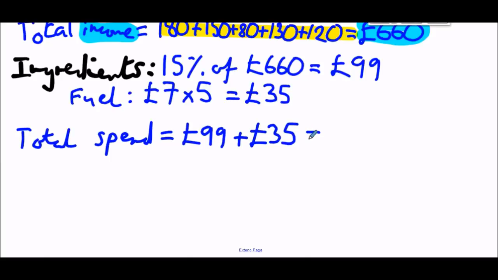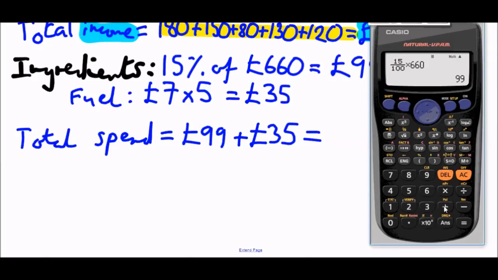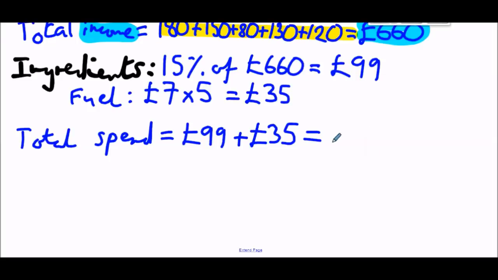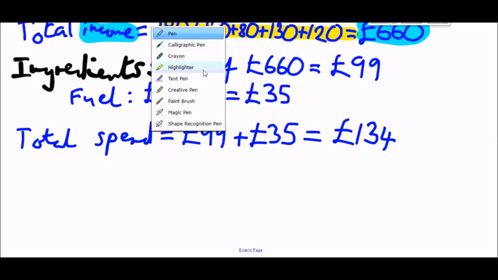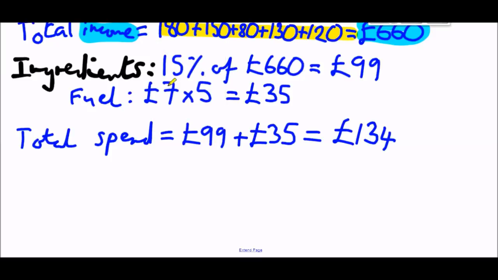So we add those together, 99, I've already got that, plus 35 comes to 134. So what he spent is 134. So we've worked out the total spend and we've worked out the total income too.